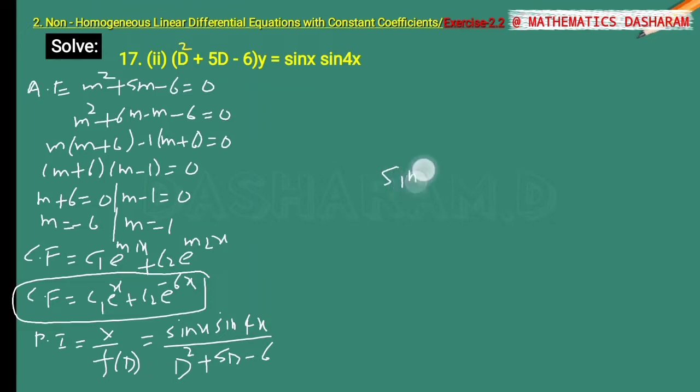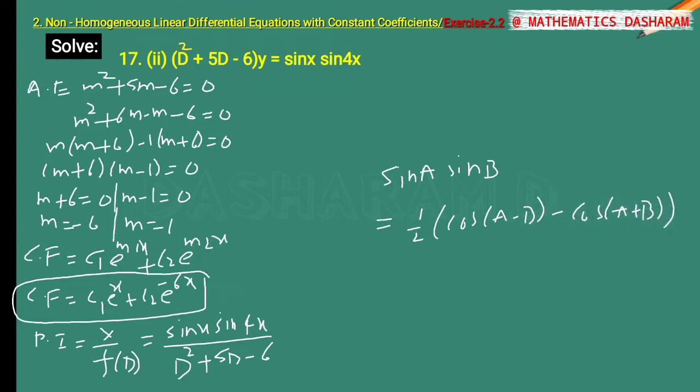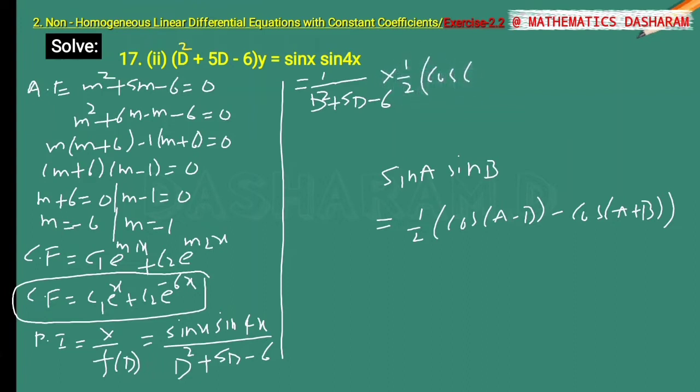So now here apply the sin A sin B formula, that is 1/2 [cos(A - B) - cos(A + B)]. So it is equal to 1/(D² + 5D - 6) into 1/2 [cos(4x - x) - cos(4x + x)].